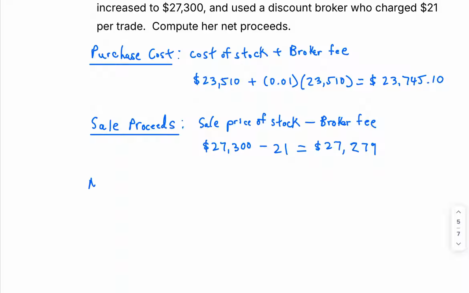And so the net proceeds is going to be, go ahead and underline this, the sale proceeds minus the purchase costs.